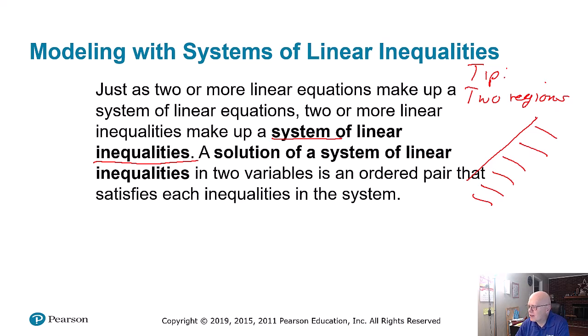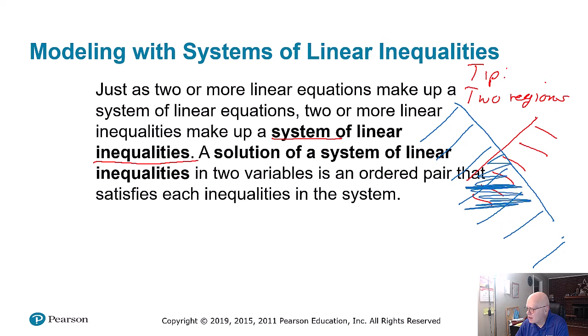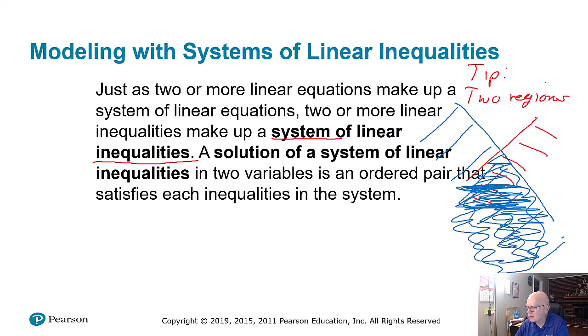Now you have a second line. Let's say the line looks like this, and the inequality for that one has us drawing in that region. Now for this system of linear inequalities, that is going to have a solution set where the 2 areas cross. So you take a third color and color in where both of those intersect.